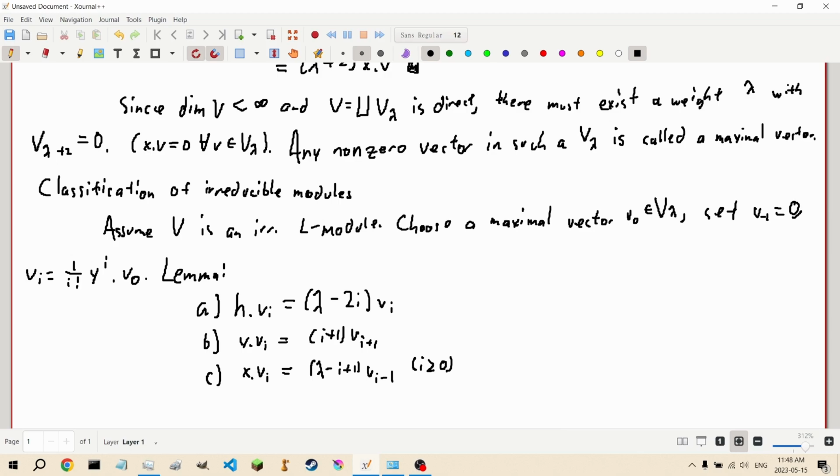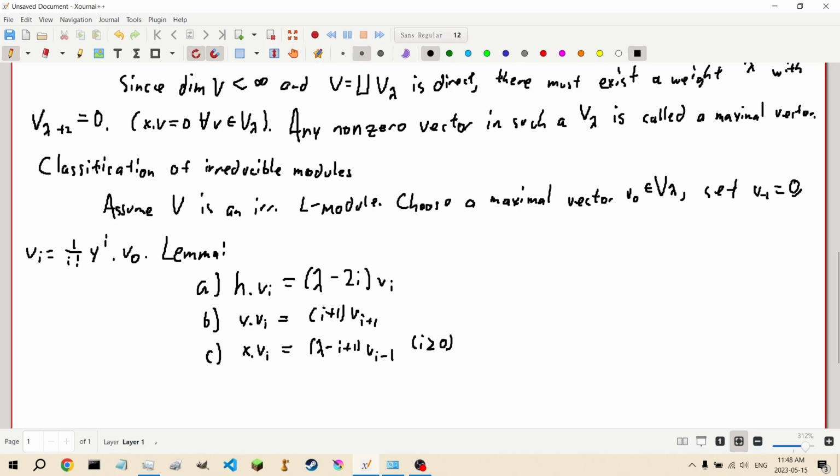Now, A we can get inductively from our previous lemma, and B is just arithmetic, so we only really need to look at C here.